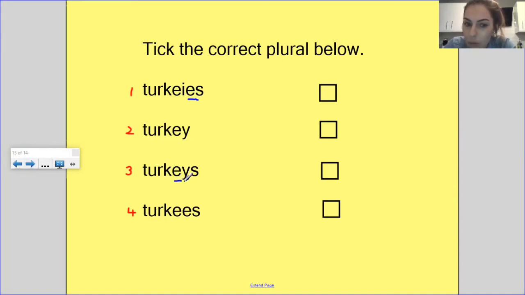It ends in an EY, so they've just added S. I think that could be the one, do you? Let's put a tick. Number 3. Well done to those of you that had a go at that one on your own and managed to figure it out. I like a challenge.